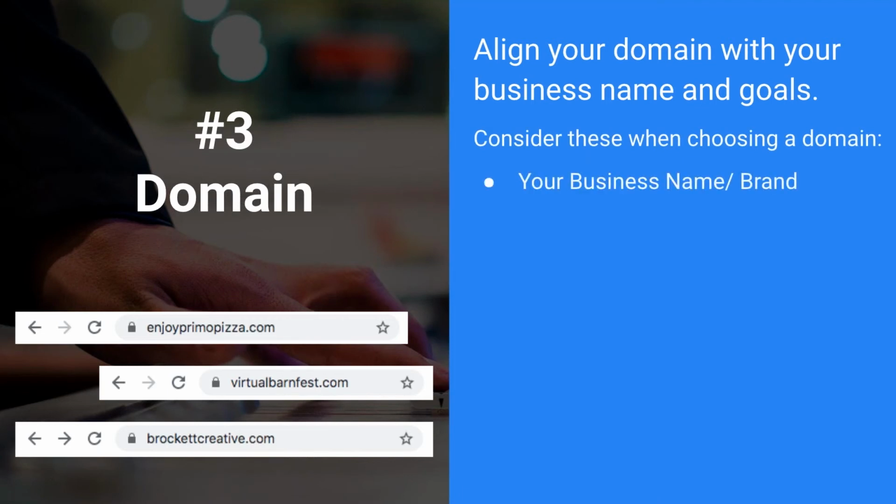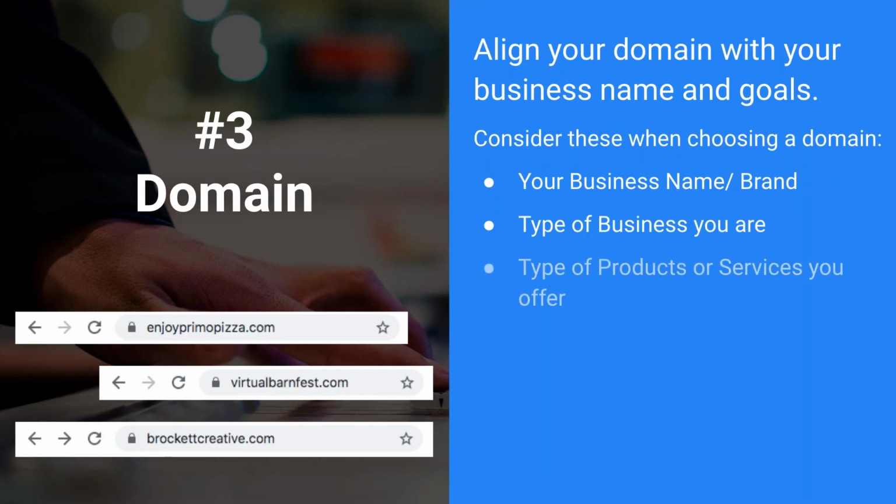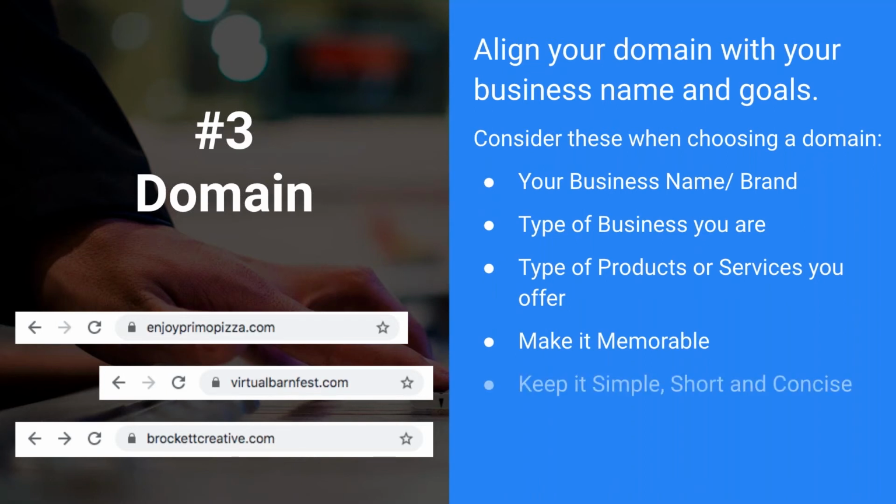You want to consider obviously your business name or your brand. Even the type of business should be considered when you are creating a domain name. Type of products or services. Make your domain memorable, and you want to keep it simple, short, and concise.